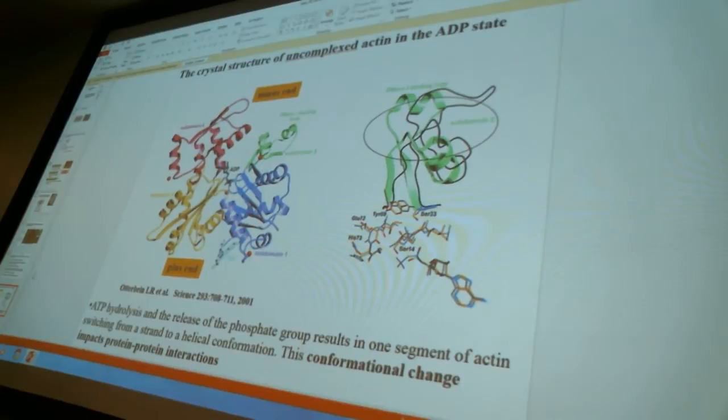So here's the groove of the ATP binding site, and during the hydrolysis, a very important loop of the actin molecule will undergo conformational change. It just flips and becomes kind of helical. This conformational change will affect protein-protein interaction.